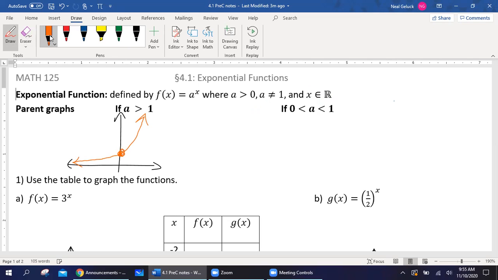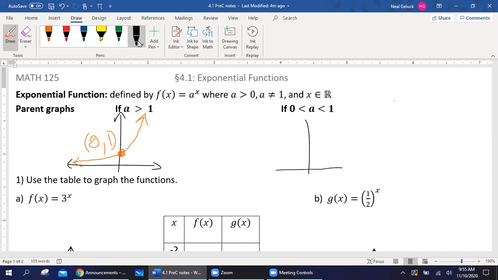And the important point that we'll have here is that this is hitting at 0, 1. And now the rate of growth, how fast it shoots up, is really just based off of what the a number is. But as long as it's bigger than 1, it's going to exponentially grow from left to right.